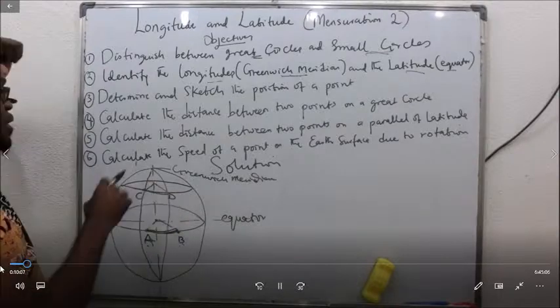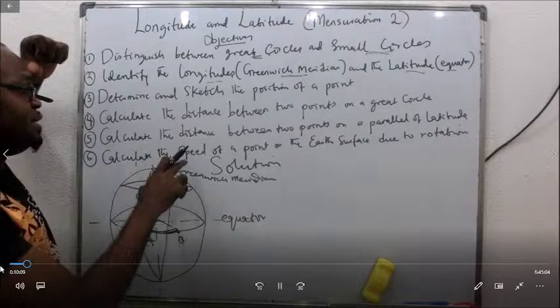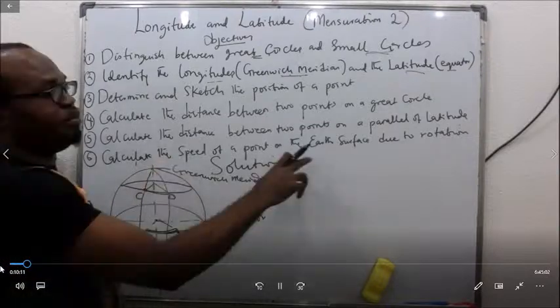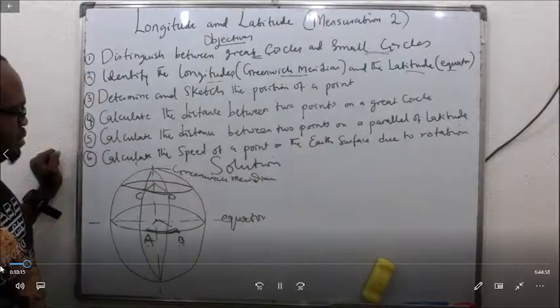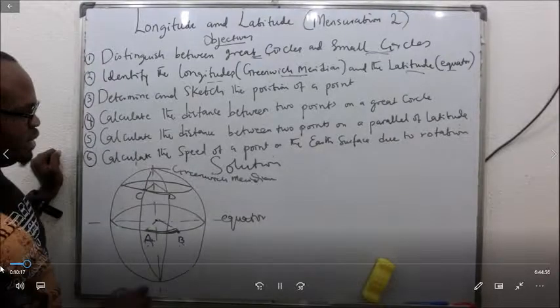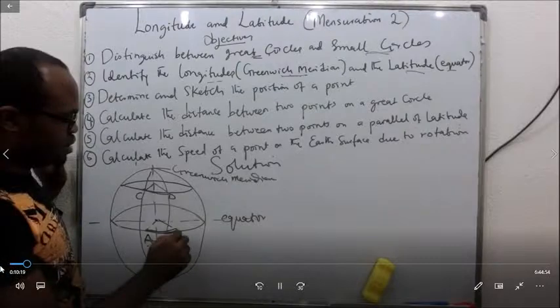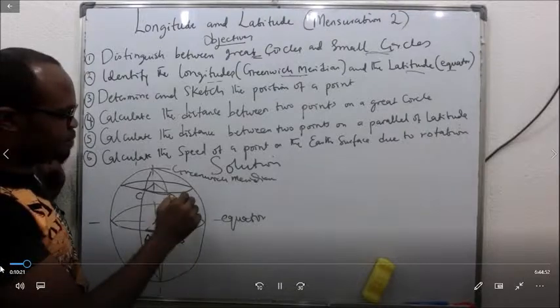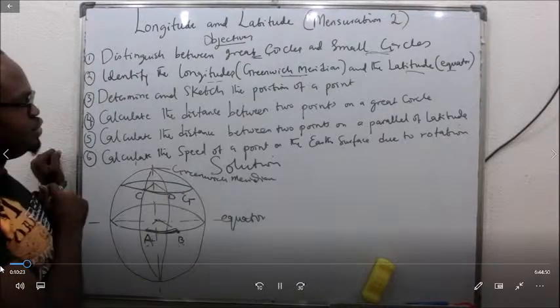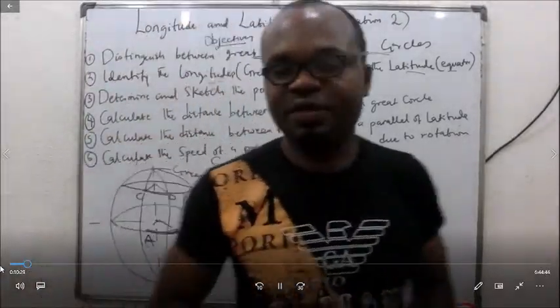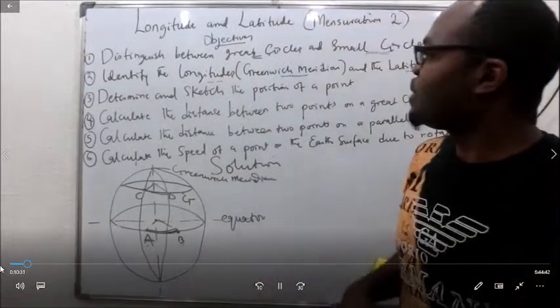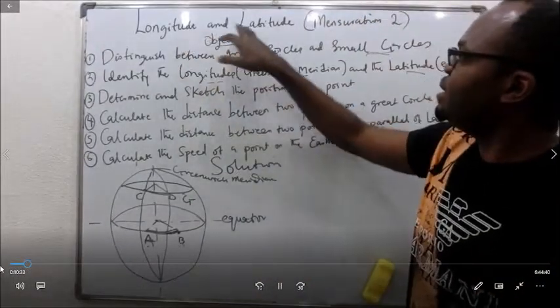Now we can also calculate the speed of a point on the Earth's surface due to rotation. So if you want to calculate the speed of a point on the Earth's surface due to rotation, we should also be able to do this calculation under longitude and latitude. So those are the objectives of this very lecture.